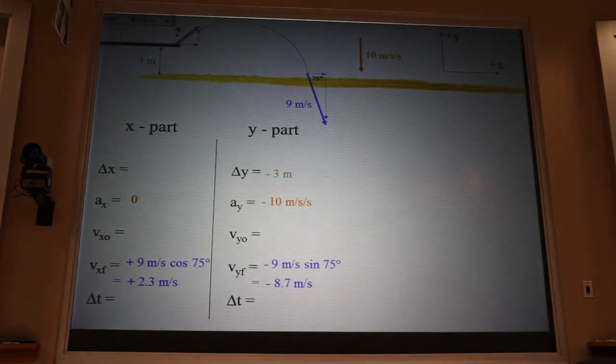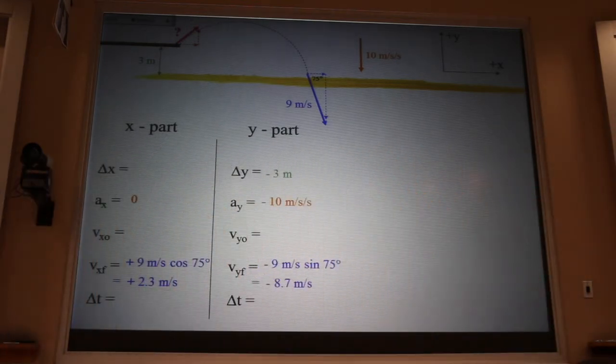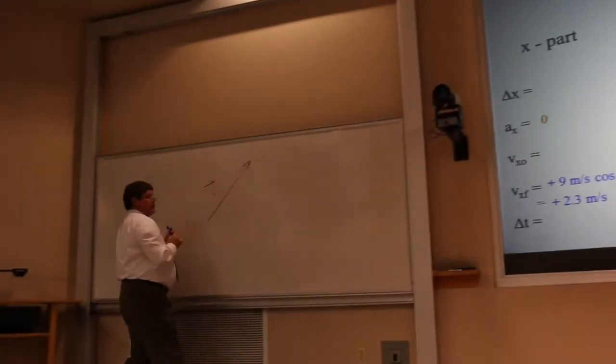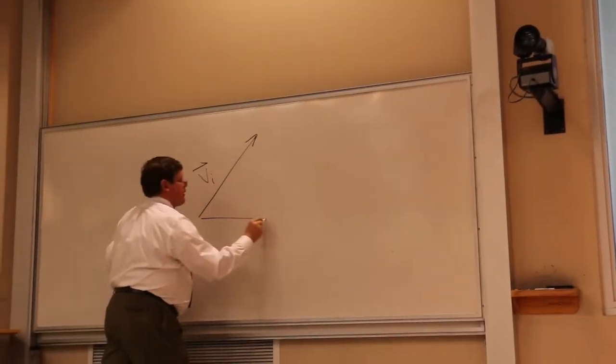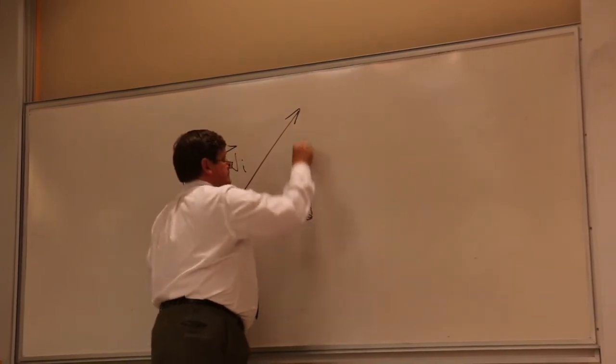Now, here's half the problem. Remember what we're trying to do here. We're trying to find the initial velocity vector at which she launches off the board. That's our goal. Well, that velocity vector has an x part and it has a y part.